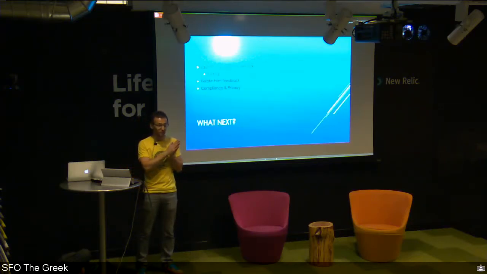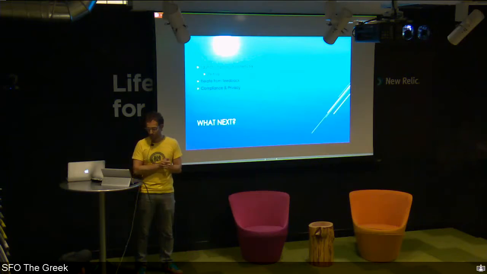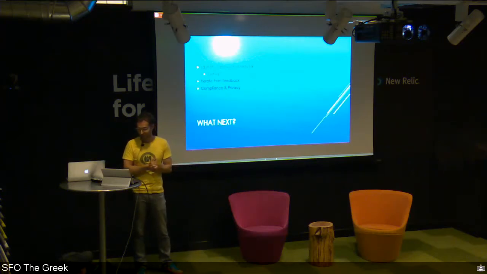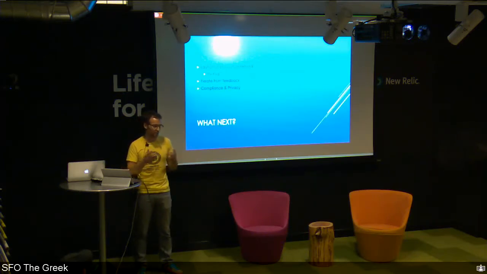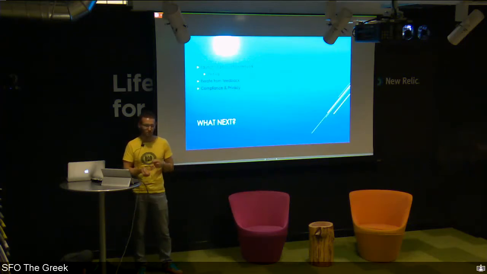So what's next? We are really close to launching this new network. At this point, we are fixing bugs, making sure that we find bugs in the software. And as more and more people start to play with it, we are getting feedback on certain things.